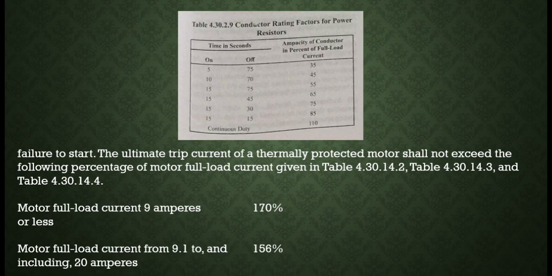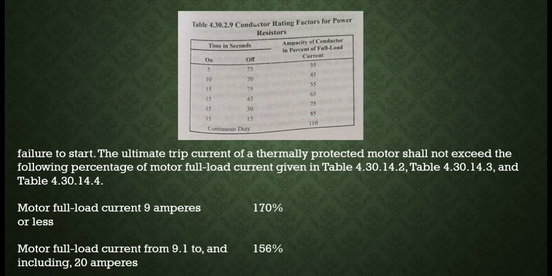The ultimate trip current for thermally protected motors should not exceed the percentages in table 4.30.14.2 to 4.30.14.4. And for motors with a full load current of 9 amps or less, the limit is 170%.